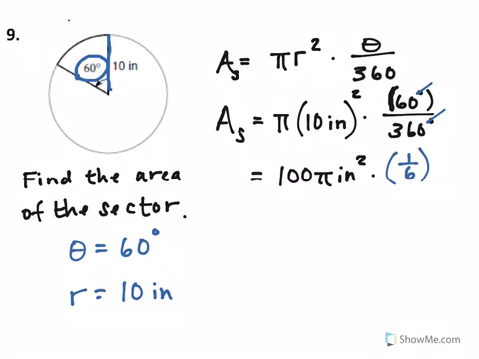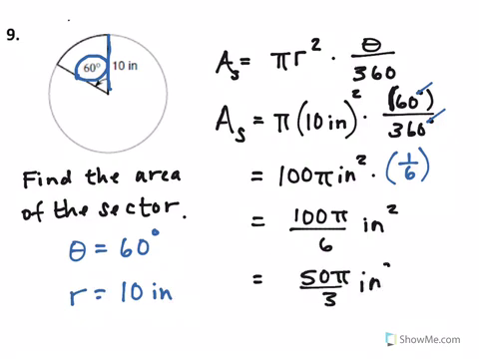So now we're just dealing with inches squared, and we'll simplify from there. That becomes 100 pi over 6 inches squared, and then that reduces to 50 pi thirds inches squared for our final answer.